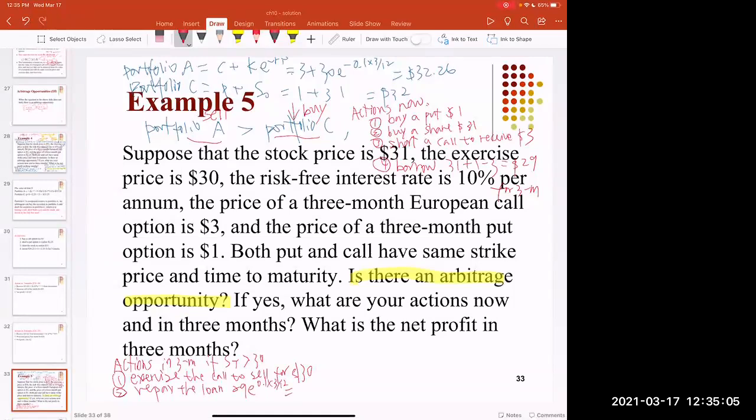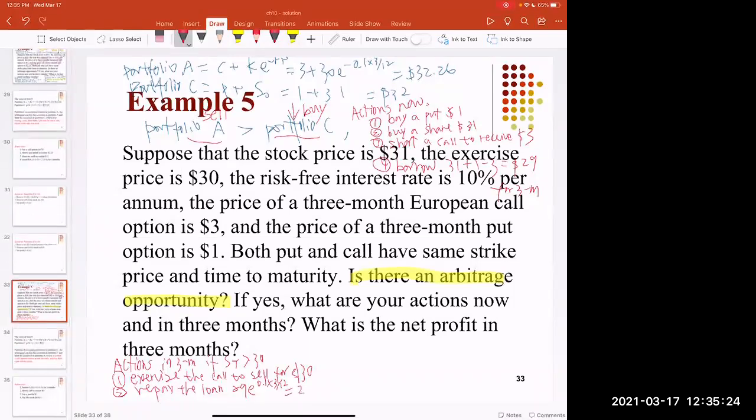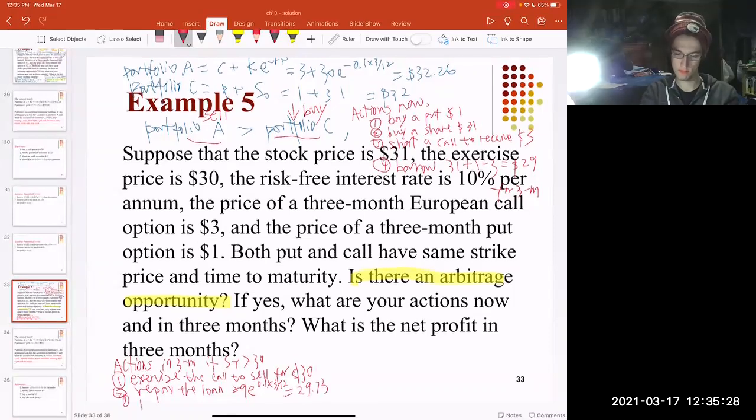How much is that? What's the loan payment? 29.73. That's correct.